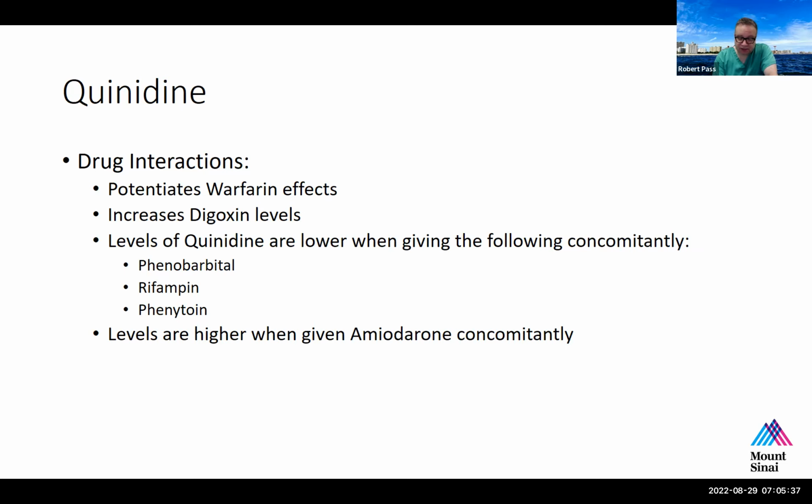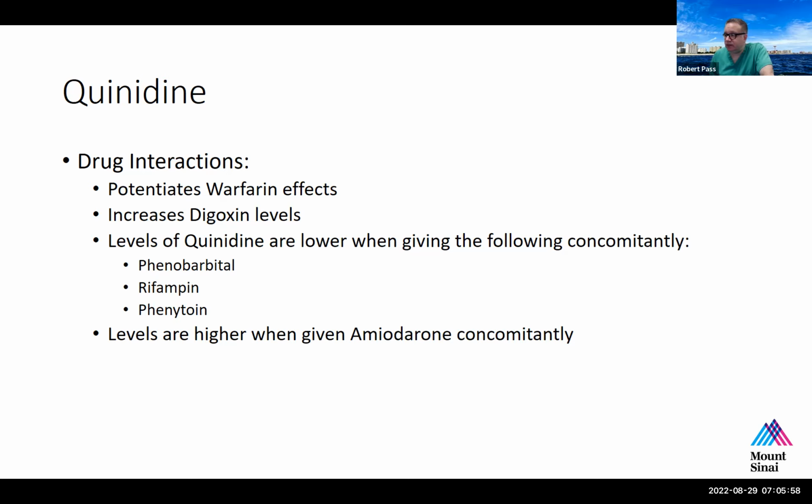It potentiates the effect of warfarin, so you have to adjust your warfarin levels when you're taking quinidine. It increases digoxin levels, so one has to lower the digoxin dose when you have somebody who's on that agent. Although again, in the present era, it's unusual that we would be treating any primary arrhythmias with quinidine, with the exception of Brugada patients.